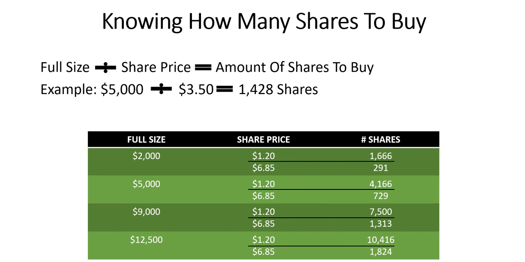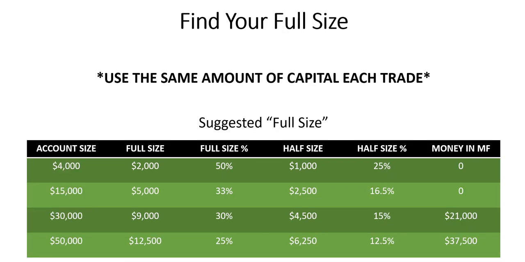This table at the bottom will help illustrate that, and here's a little bit of a formula to help you figure out how many shares you should be buying of each stock. To find how many shares you want to buy, you take your full size. Let's use the example where your account size is $4,000, which means your full size is $2,000, as you can see there.